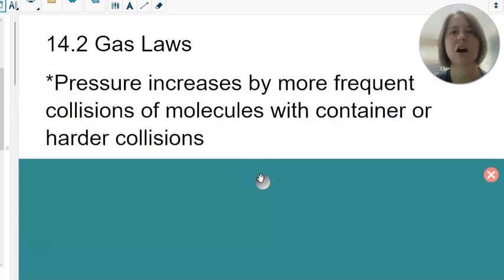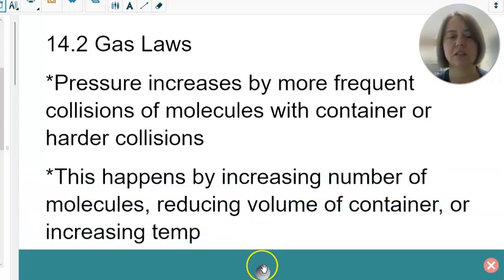Alright, so let's talk more about gases. The pressure increases by more frequent collisions of molecules with the container or harder collisions. So if there's more collisions, the pressure goes up. If there are collisions with harder force, with more force, more kinetic energy, then the pressure increases. So that makes intuitive sense.